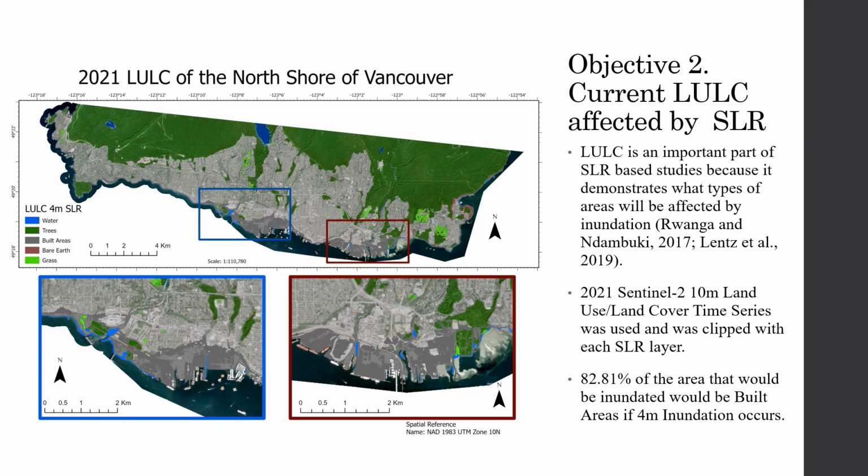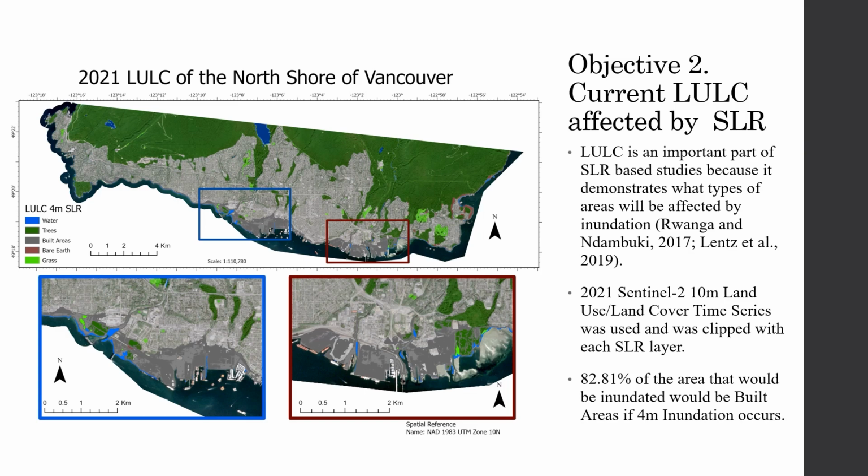For this study, a 2021 Sentinel-2 10-meter land use land cover time series from Esri was used and was then clipped with each sea level rise layer that was created in the last slide. This was used after a failed attempt to create my own LULC with deep learning CNN.